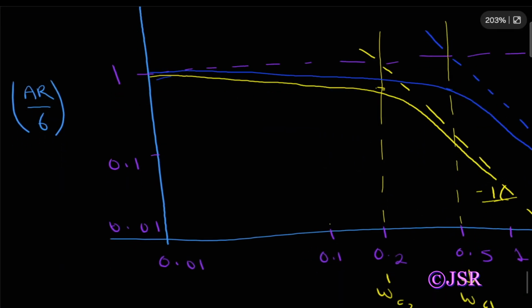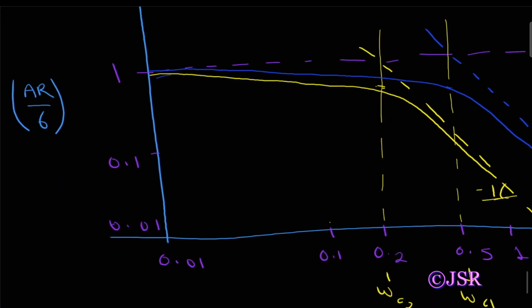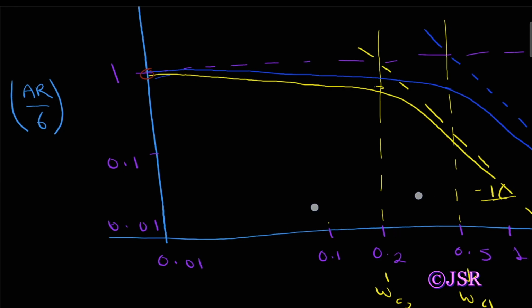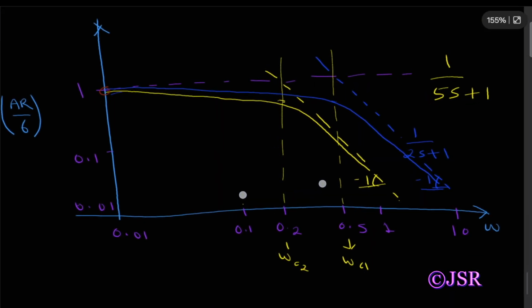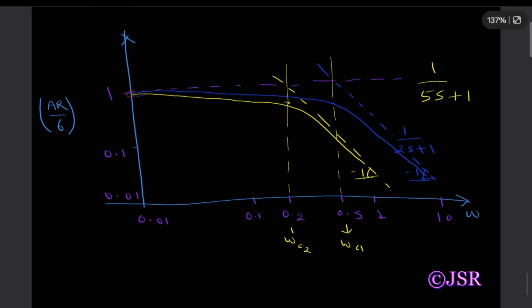So now let's plot the overall gain plot. So here we will have when omega equal to 0, AR by 6 is equal to 1. So when omega is equal to 0.2, the value is 0.65. So let's say this is 0.65. So we will just extend this up to 0.2.